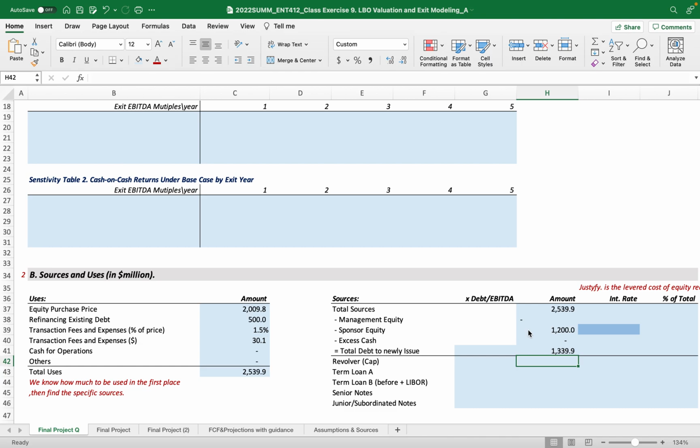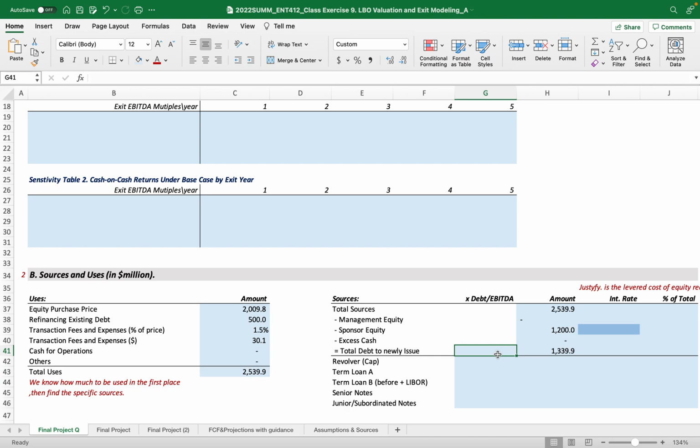This new debt amount can also be broken down into the different types of tranches, the different types of debt. And during the class we also discussed what the revolver, term loan, and then senior notes or subordinated notes are, right? So we first start from the multiples, the debt over EBITDA.